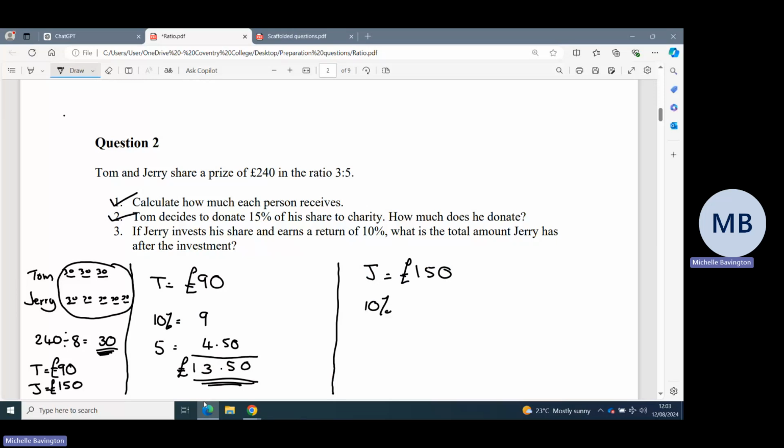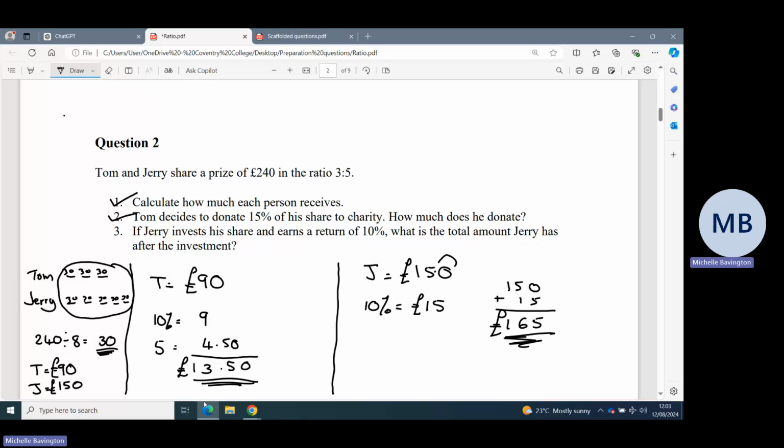I just want 10% of that, which is £15. So now what does he get in total? Well, that's going to be the 150 plus the 15, £165.